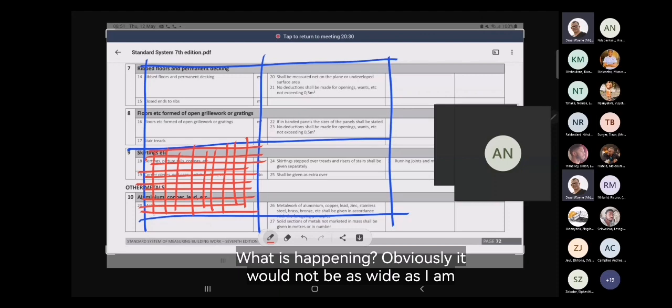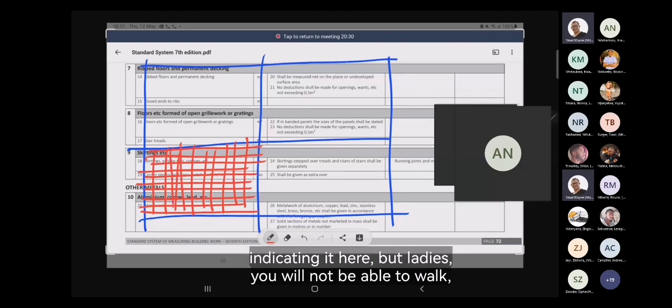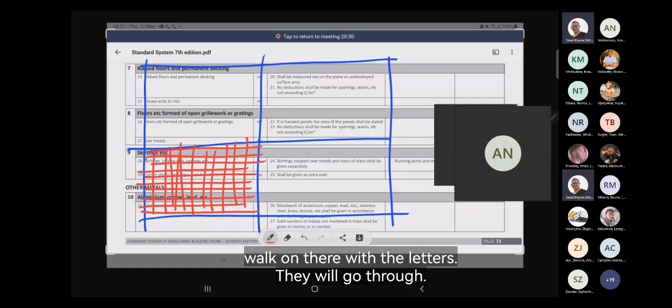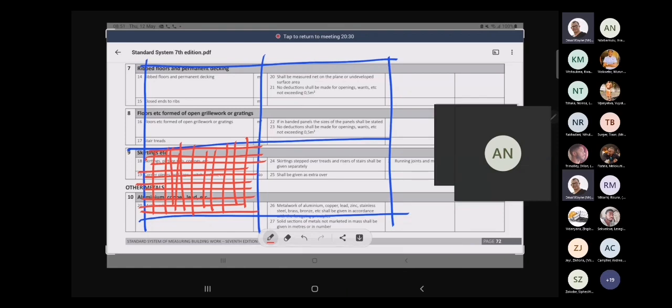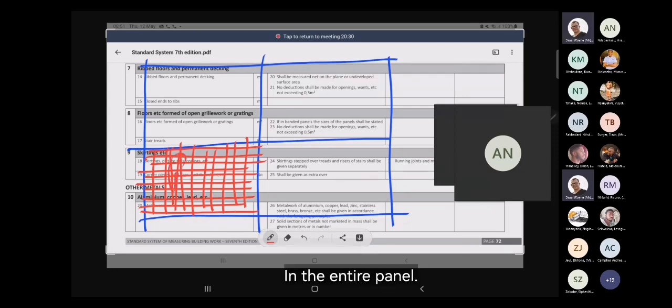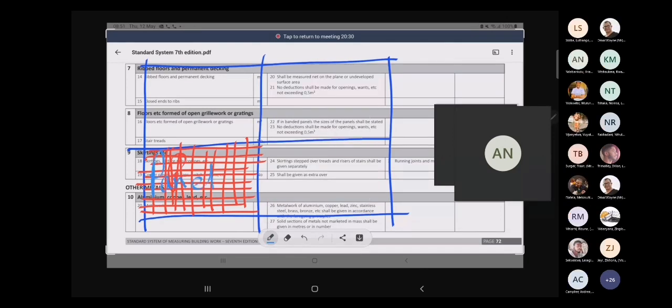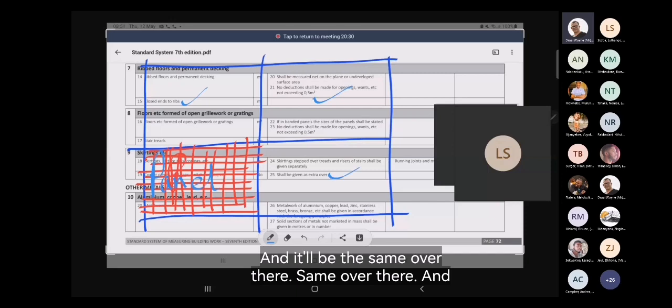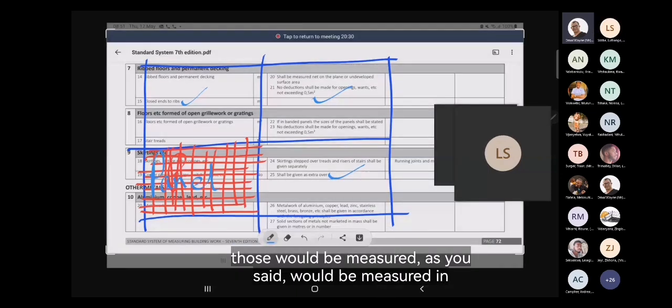Obviously, it would not be as wide as I am indicating here, but ladies, you will not be able to walk on there with stilettos. They will go through. But these might be in panels where this entire panel can be removed. And it'll be the same over there, the same over there. And those would be measured in meters squared.